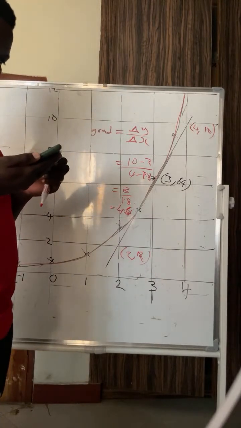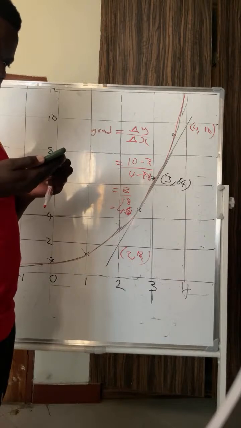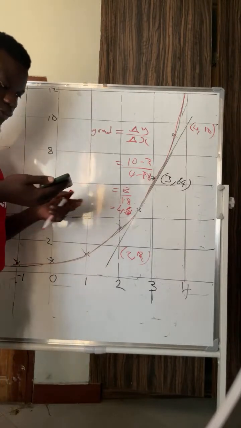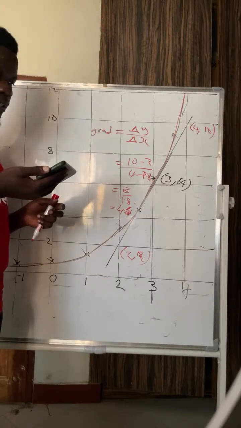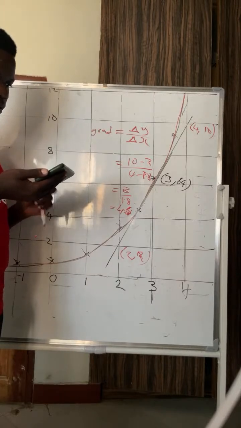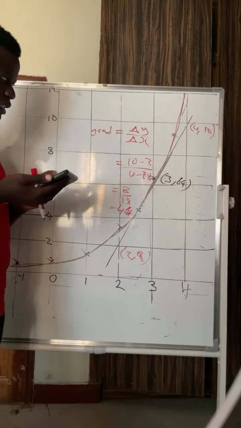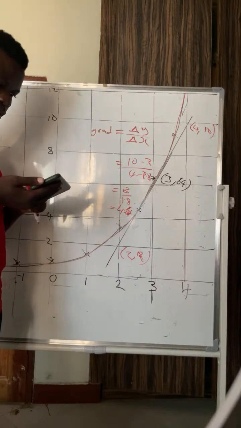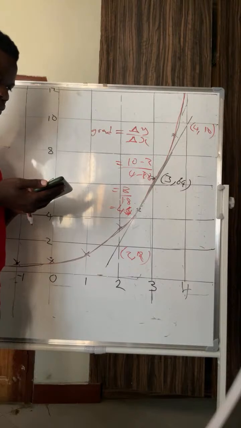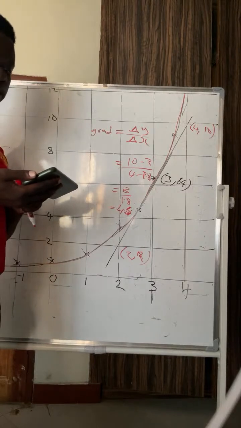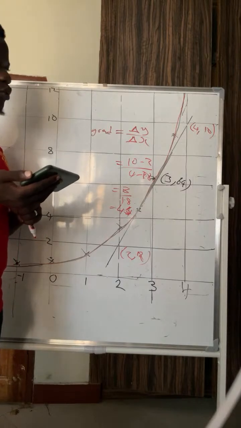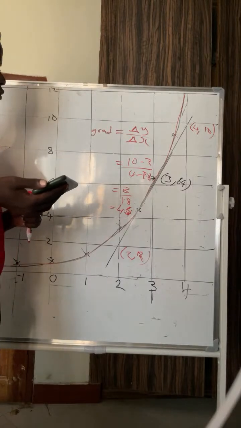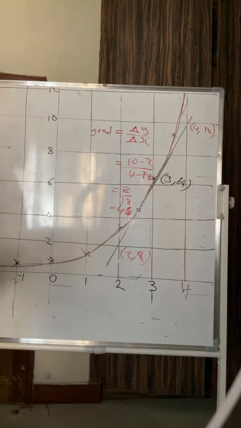By drawing a tangent, find the gradient. The gradient will be found on the axes used in part B. Draw the graph of y equals 8 minus 2x.